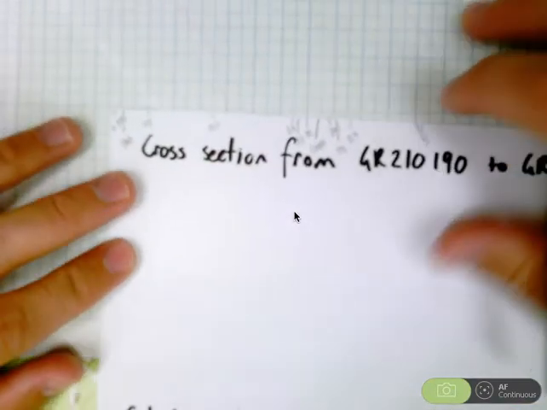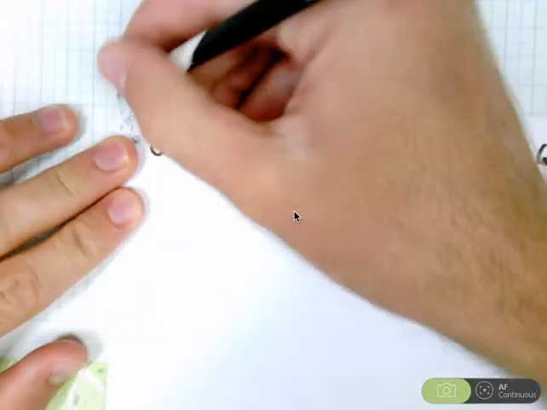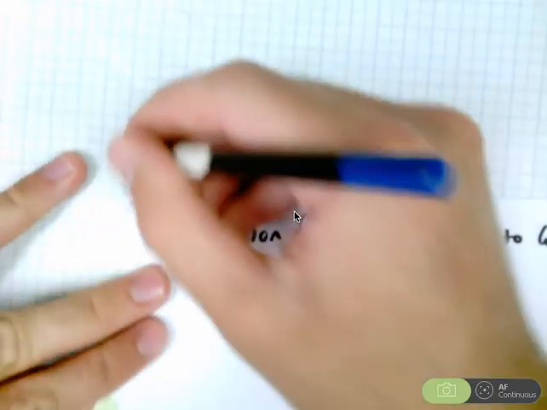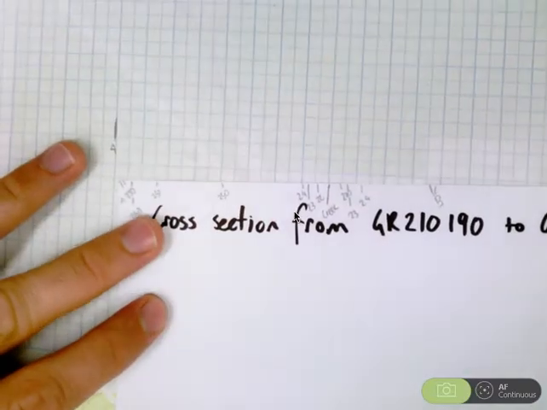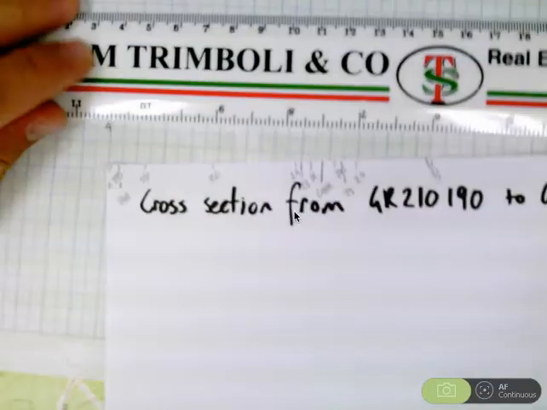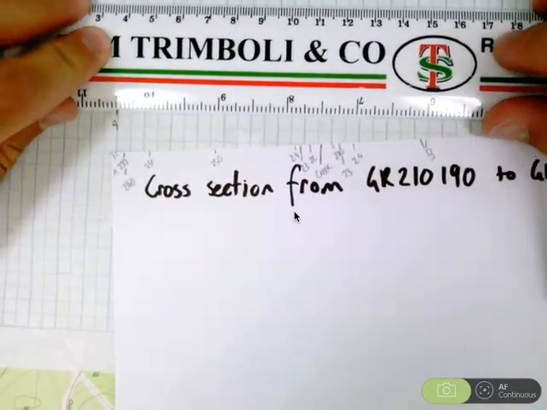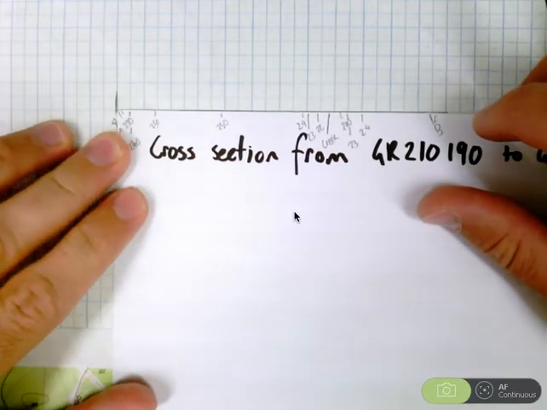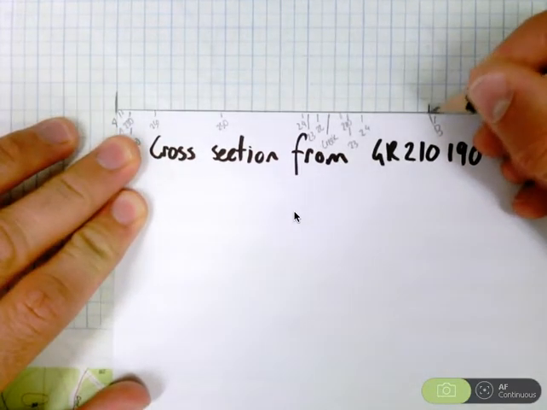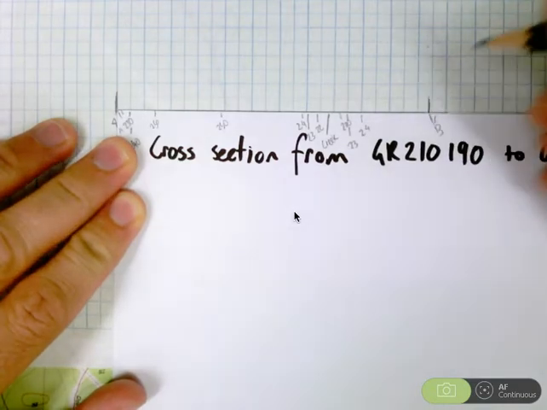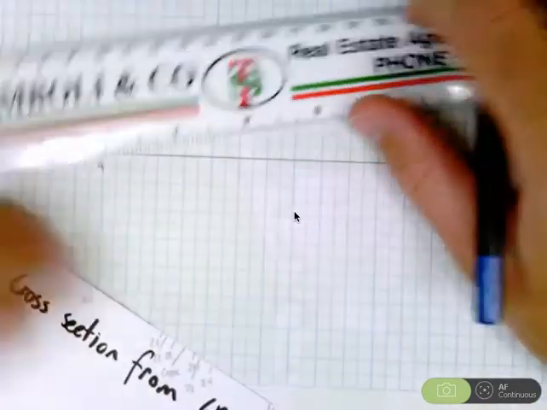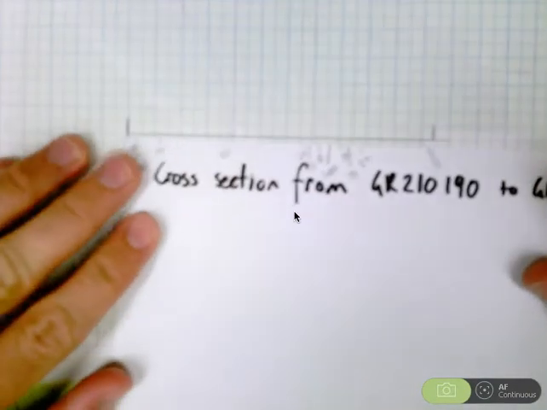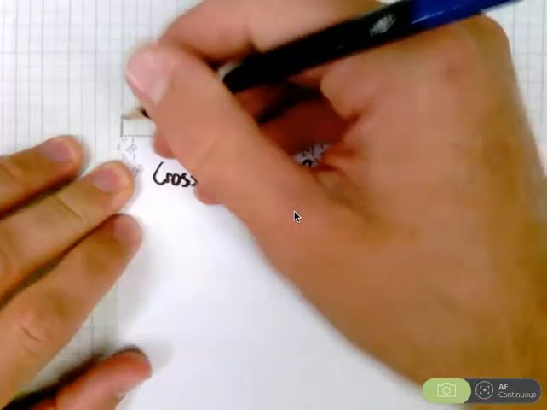Now we take it to a piece of graph paper that we have. Okay, so say we're starting here at point A, we're going along this line, and stopping here at B. Okay, now the first thing that you do is you transfer all your points.